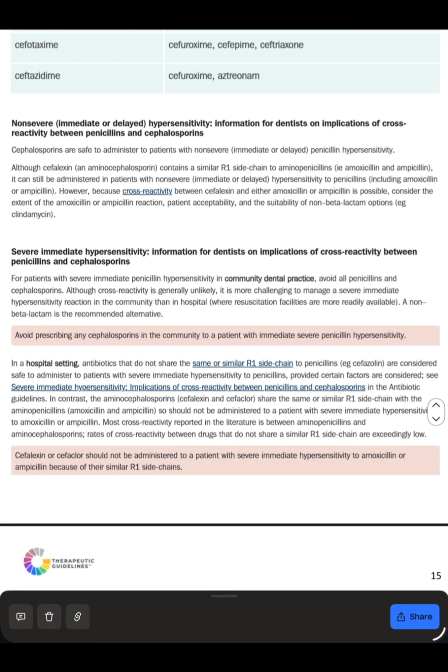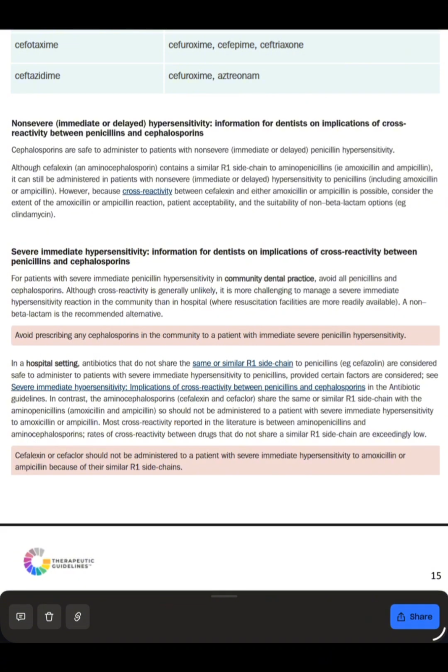Now, severe immediate hypersensitivity: information for dentists on the implication of cross-reactivity between penicillin and cephalosporin. For patients with severe immediate penicillin hypersensitivity in community dental practice, avoid all penicillin and cephalosporin.